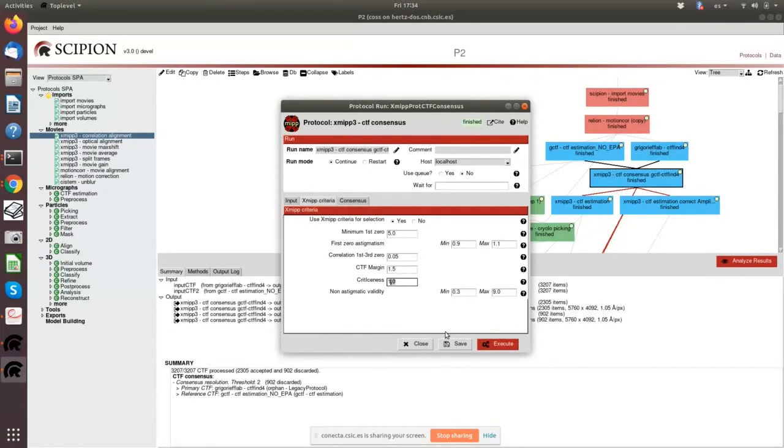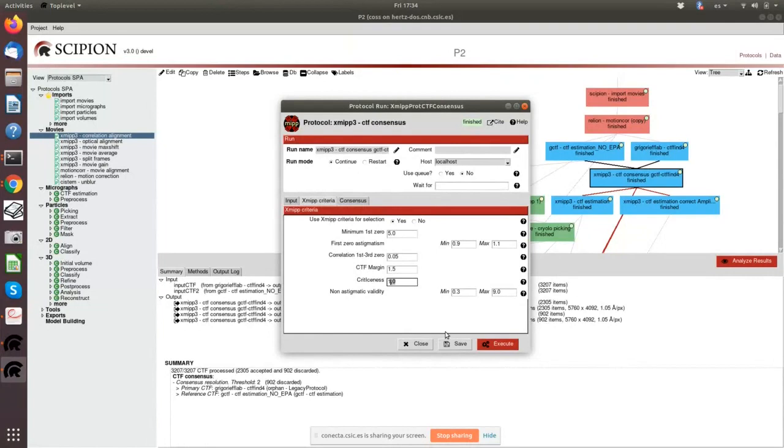This non-astigmatic validity has to do with the fact that the two defoci that you are estimating in two perpendicular directions are different. If they are the same, the micrograph is perfectly non-astigmatic. If they're slightly different, that means that in one direction the oscillation goes slightly different than the oscillations in the other direction.